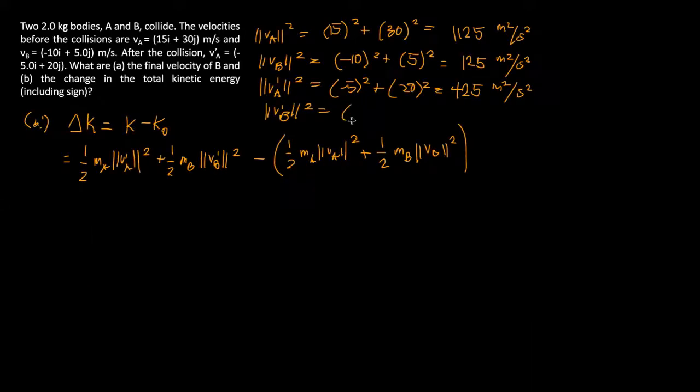Therefore, that's 10 squared plus 15 squared is 325 square meters per square seconds. Okay, those units gagamitin na natin. And remember that m sub a, batay sa given, that is 2 kilograms. And m sub b is 2 kilograms.